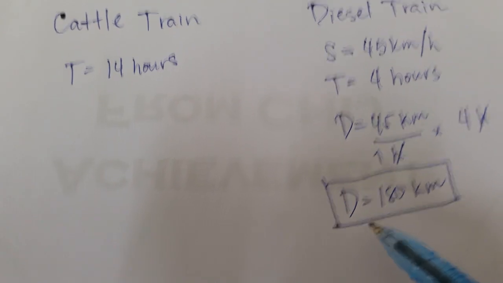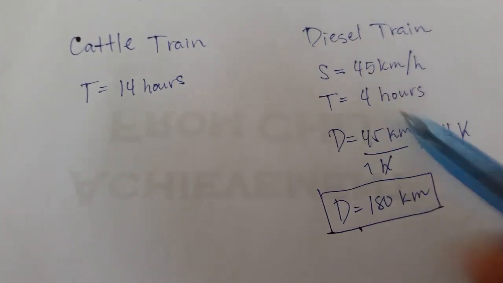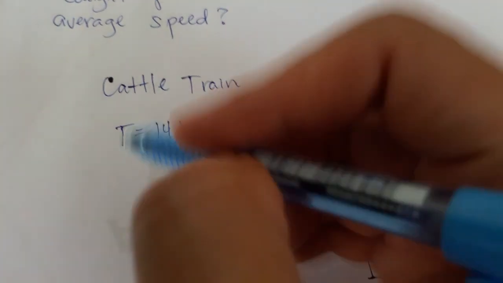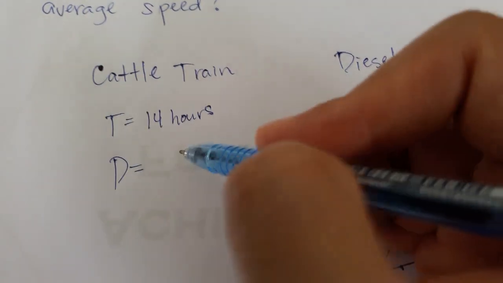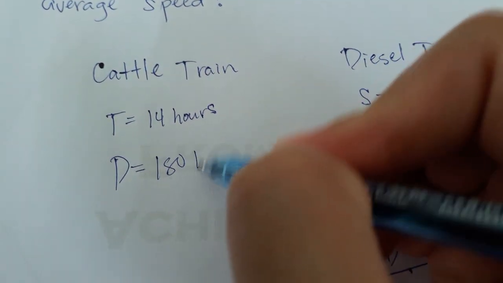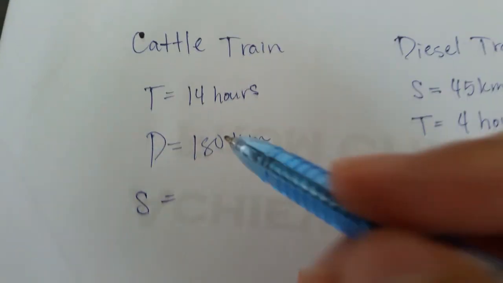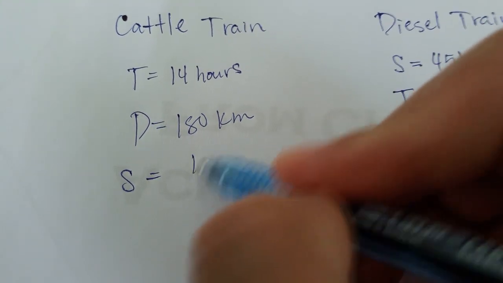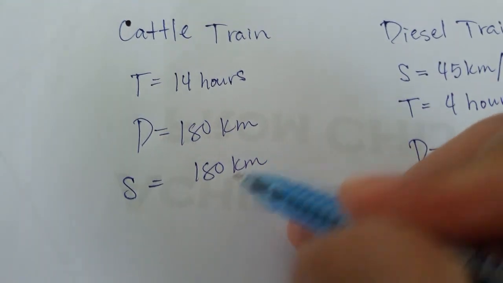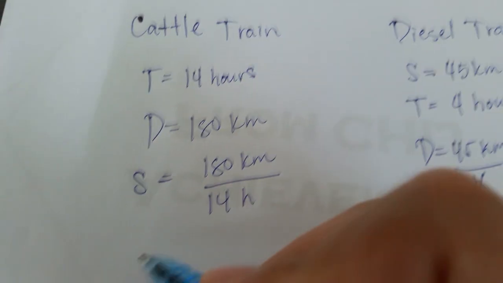So now after finding the distance of the diesel train, you can use this also for the cattle train. And for average speed, 180 kilometers over 14 hours.